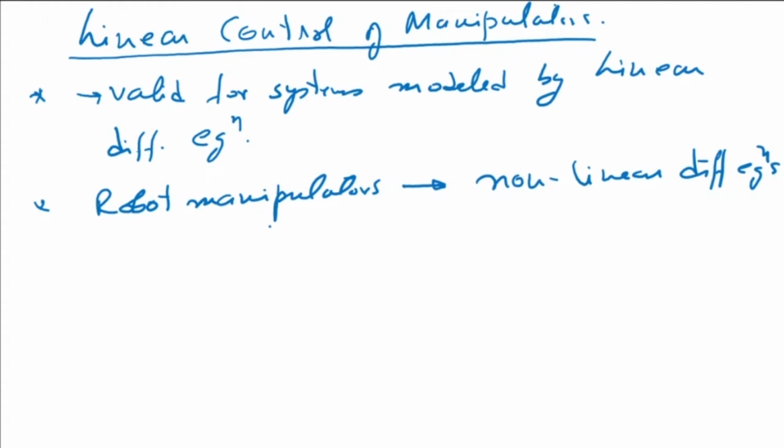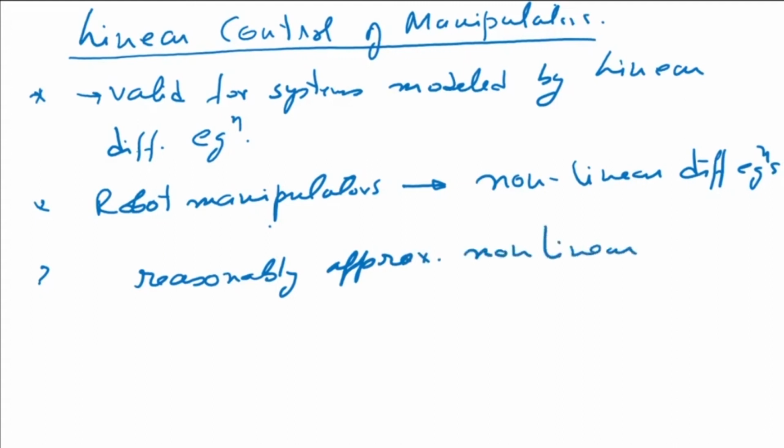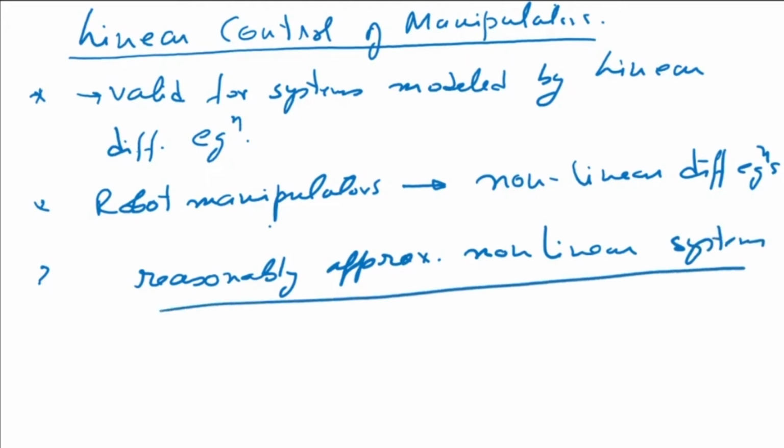Now this is an interesting question again: linear control systems can reasonably approximate non-linear systems. So this is something to keep in mind, that although we understand robot manipulators are non-linear, linear control systems can reasonably approximate non-linear systems.